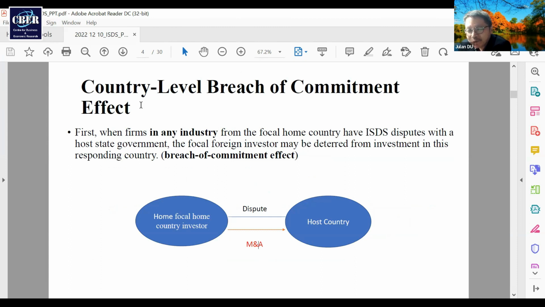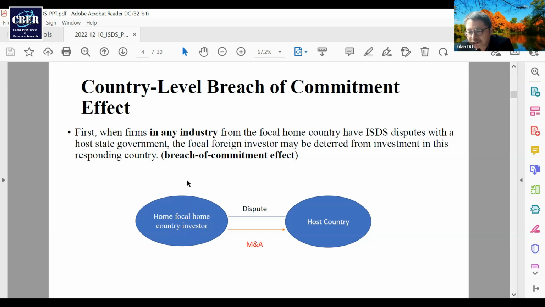We first look at country level effects, the country level breach of commitment effect. By country level, we mean that we don't consider the industry differences. So in this main effect at the country level, we look at this kind of scenario.